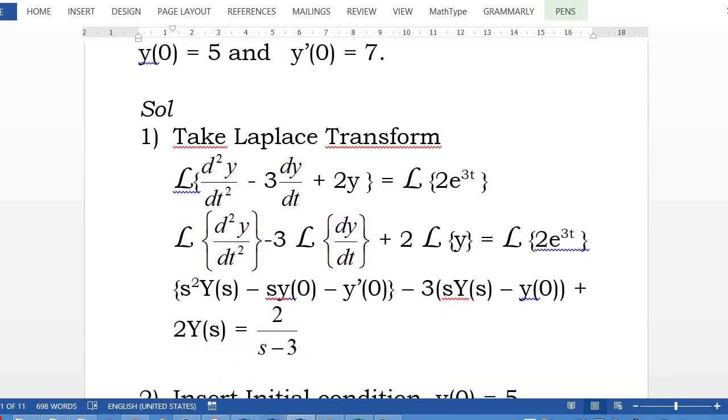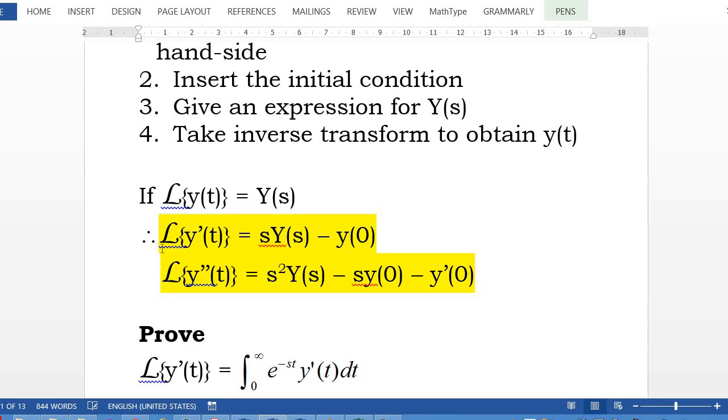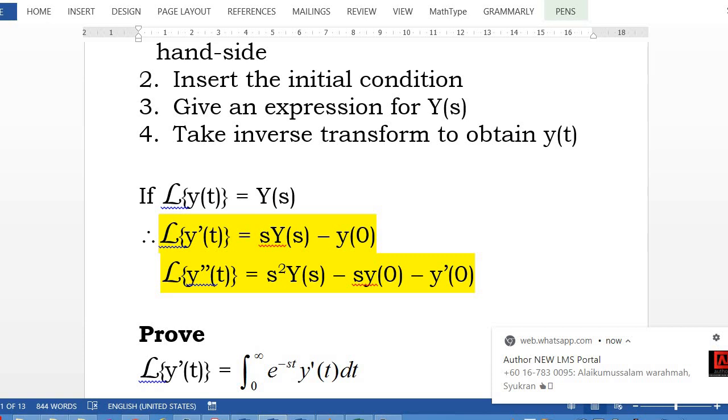As we know from the previous lectures, the Laplace transform of the first derivative is sY(s) minus y(0). The Laplace transform of the second derivative y double prime(t) is s squared Y(s) minus s y(0) minus y prime (0).